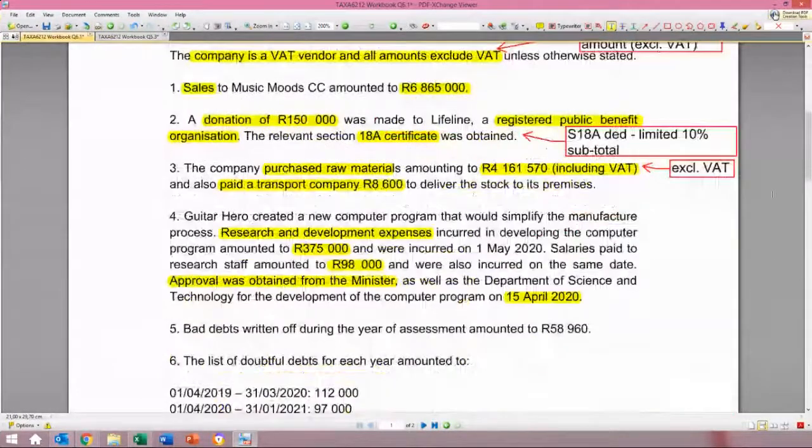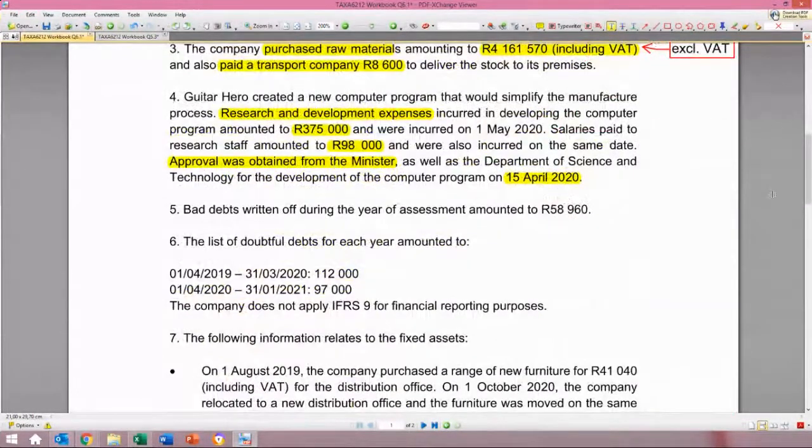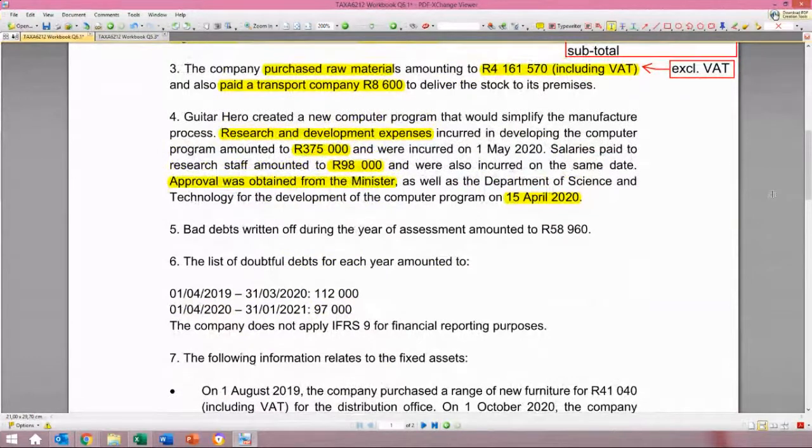So you can assume it was done for the South African market specifically. Now, if the three requirements have been met, then we said we are allowed to deduct 150% as the three requirements were met.